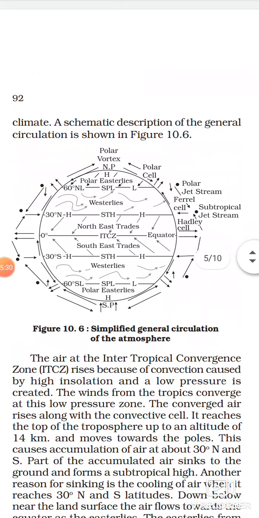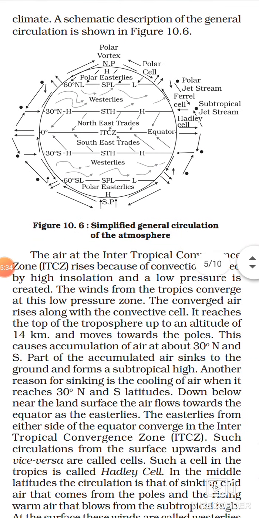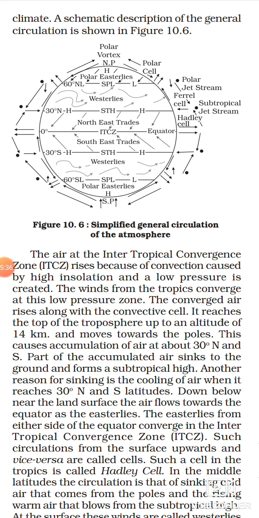Yesterday we had just studied the different kinds of pressure belts on the earth's surface, and their latitude variations also. From 0 degree to 5 degree north and south we have the equatorial low pressure belt. From 5 degree to 30 degree north and 30 degree south we have the subtropical high pressure belt.